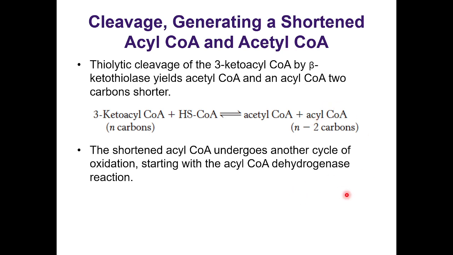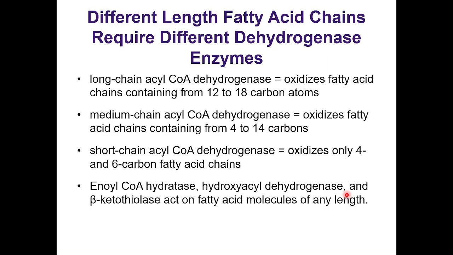Our shortened acyl-CoA undergoes another cycle of the oxidation, starting with the acyl-CoA dehydrogenase reaction. The long-chain acyl-CoA dehydrogenase is going to oxidize fatty acid chains containing 12 to 18 carbon atoms. The medium-chain acyl-CoA dehydrogenase oxidizes fatty acid chains that contain from 4 to 14 carbons.